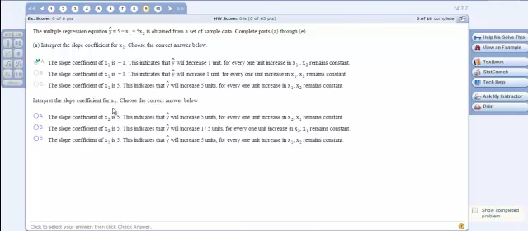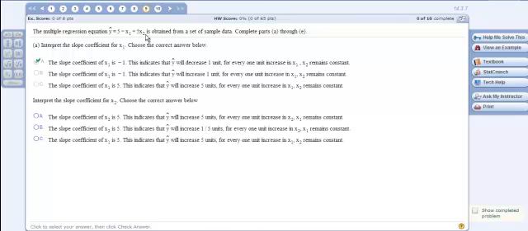Then interpret the slope coefficient for x2. The number in front of x2 is the slope coefficient, and that is 5. So the slope coefficient for x2 is 5. That looks correct. This indicates that y hat will increase 5 units for every 1 unit increase in x2, as long as x1 remains constant.